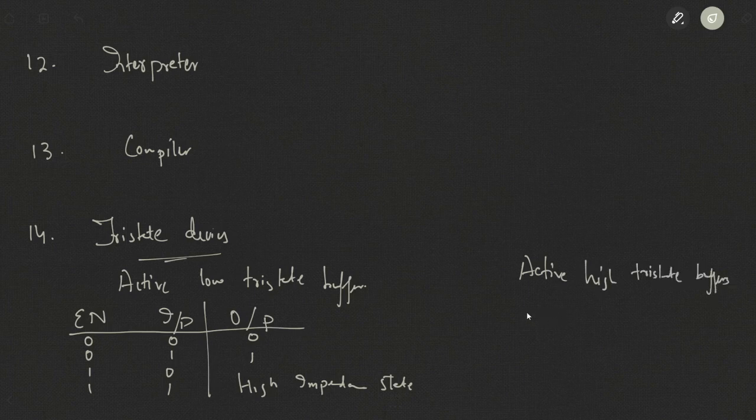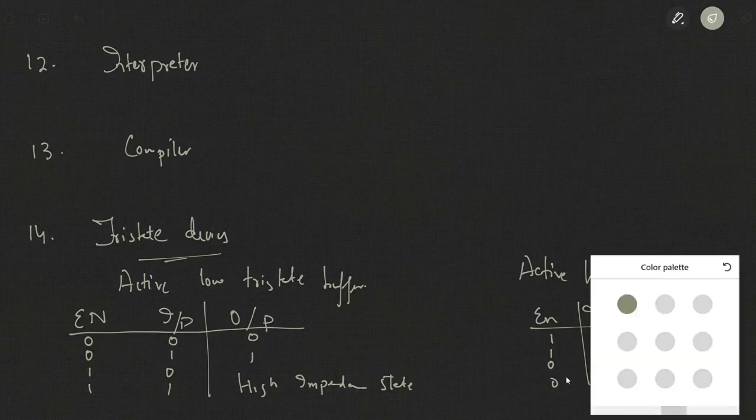You can note the difference from the truth table. You have enable, you have input, and accordingly you have the output. For enable 1 1 0 0 and input 0 1 0 1, you have the output 0 1, and the remaining cases refer to the high impedance state.